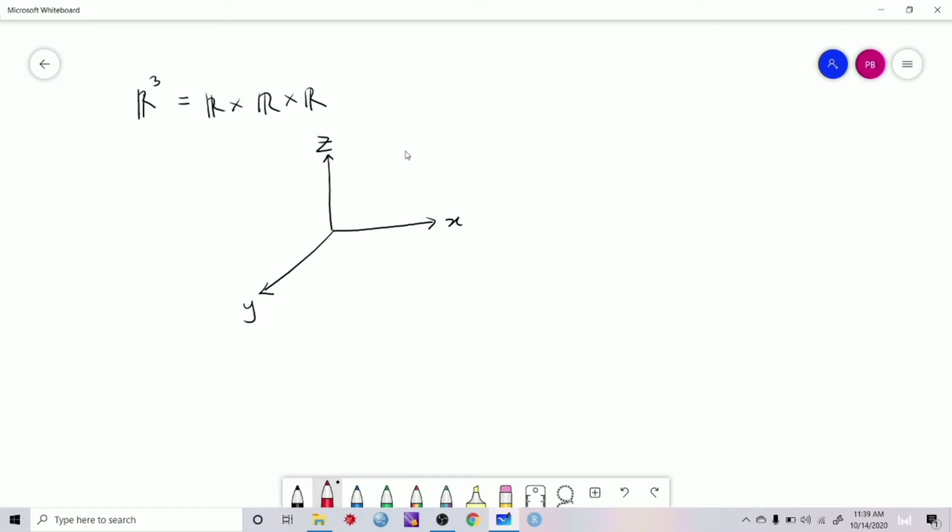So if we have a point here, we can represent this point using three coordinates.